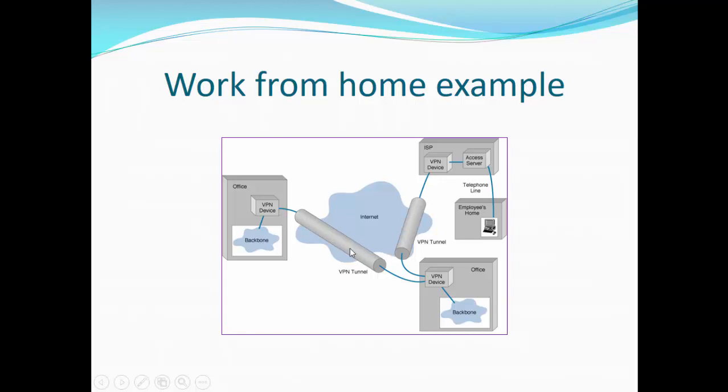You have a VPN between two offices in two geographic locations: office one, north side office two, VPN between the two. You have a work from home employee that has their own ISP, internet service provider. They connect to their ISP, which gives them internet access like I'm doing right now. Then they connect to a VPN, which makes that information going from office to home office private this way. So that's pretty much how VPN works.